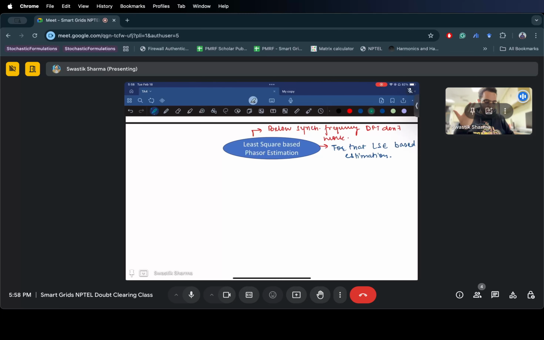So how does the least square based phasor estimation work? So how your phasor signal is supposed to behave. Let's say that the quantity you are interested in measuring is v or some x, and it behaves like cos omega t, right?